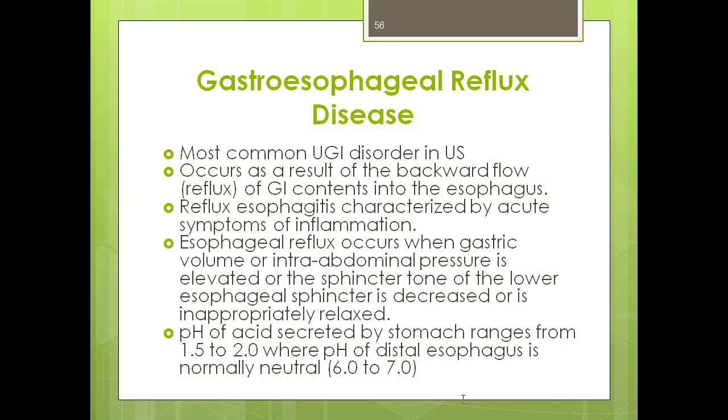Also, you need to know that the pH of the acid secreted by the stomach ranges from 1.5 to 2.0, where the pH of the distal esophagus is normally neutral at 6.0 to 7.0. So, you need to know what the pH ranges are.